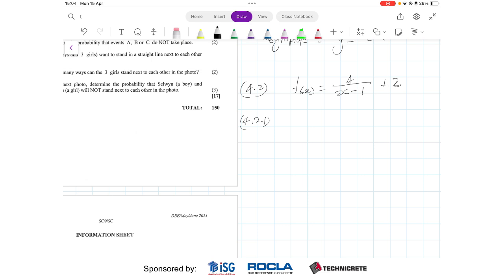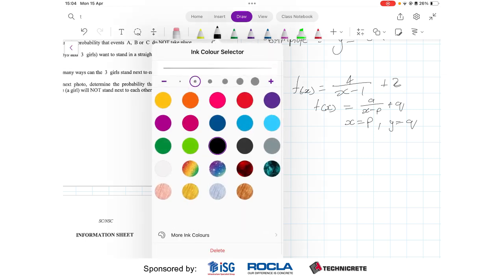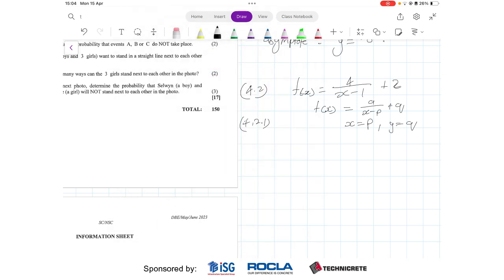Immediately you can tell that for a function given as f at x is equal to a over x minus p plus q, the asymptotes are given by x equals p and y equals q. So this immediately tells us that our asymptotes are x equals 1 and y equals 2. Wonderful.